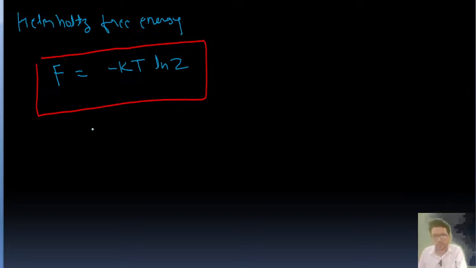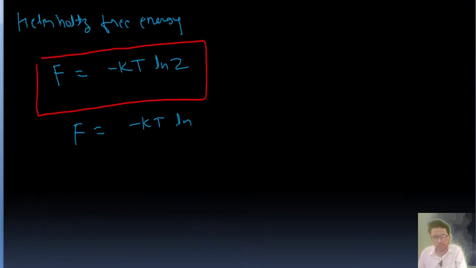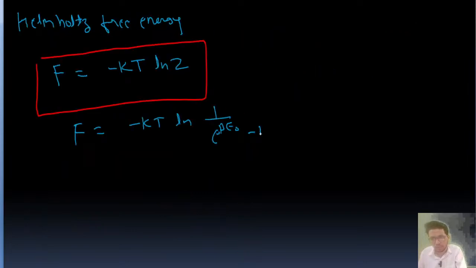Okay, so simple, now F is going to be minus KT ln z. Z value we have found, right? This is 1 upon e to the power beta E naught minus 1, right?